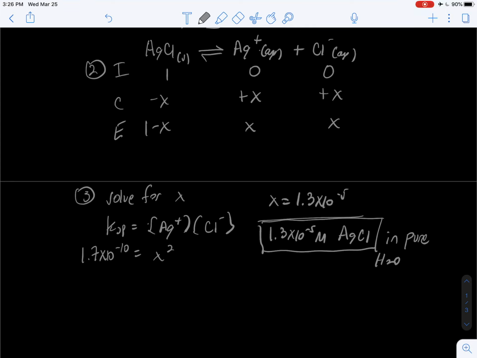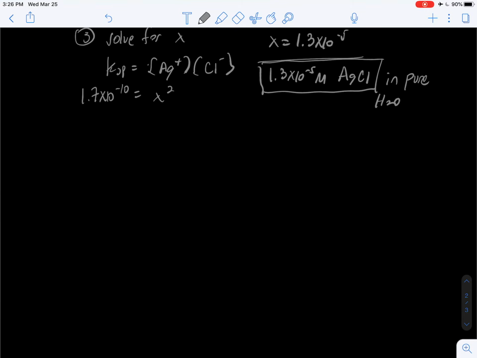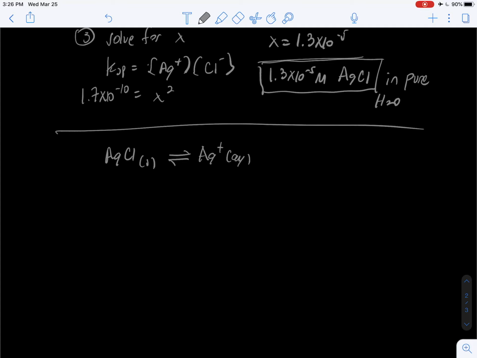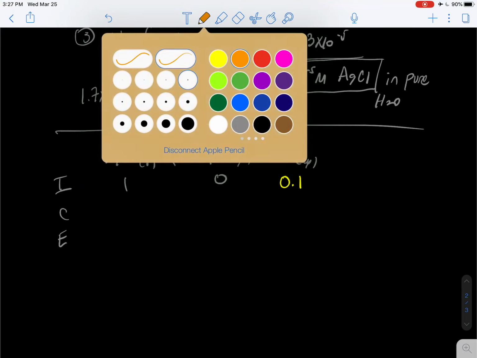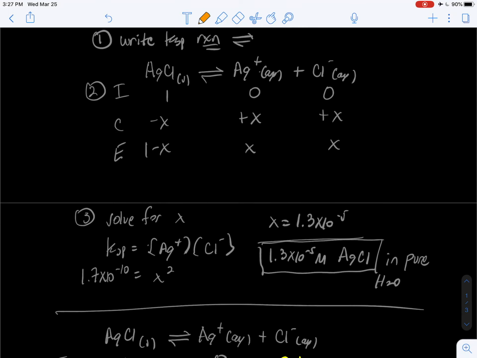Now, what if we wanted to do this for sodium chloride? We would do the same thing, okay? We would write out the equilibrium. We would write Ag plus aqueous, chloride. Okay. And we'd set up our initials here. And here's where you would plug in 0.1, okay? Because we are wanting to know what is the solubility of silver ion in 0.1 chloride solution, okay?